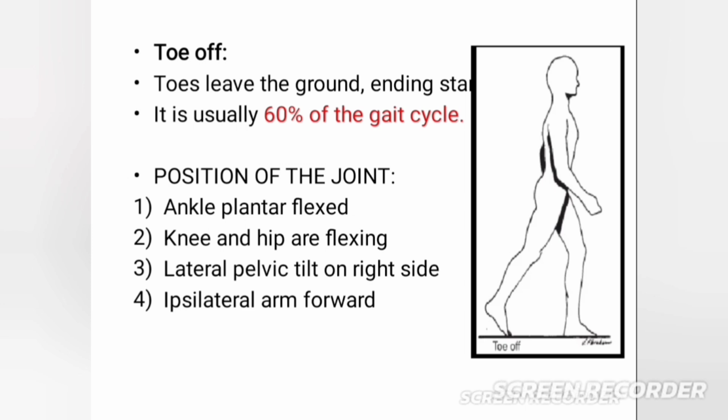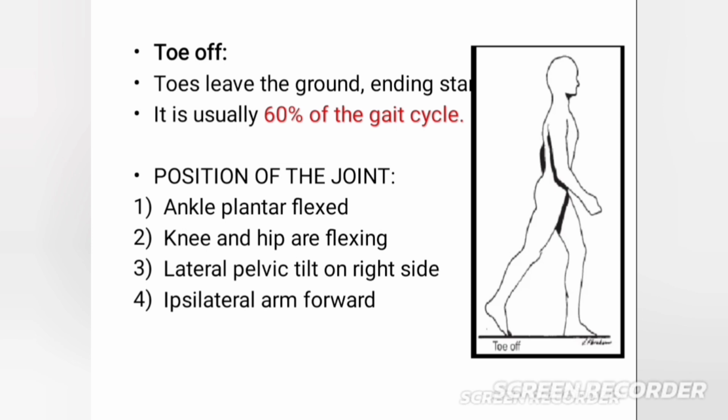After the heel off there is the toe off phase. In the toe off phase, the toes leave the ground, and it is up to 60% of the gait cycle. In that, you can see the limb position: ankle in plantar flexion, knees and hip start into flexion position, lateral pelvic tilt on the right side, and ipsilateral arm moves forward.